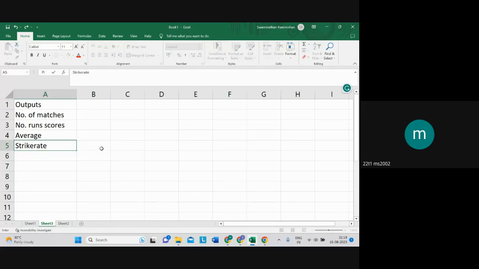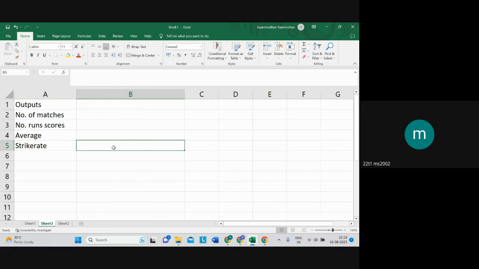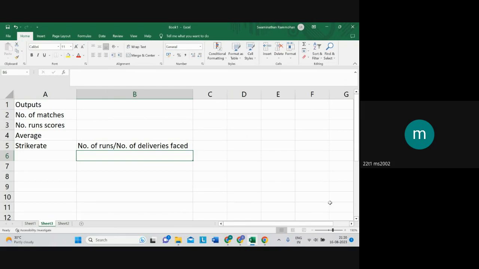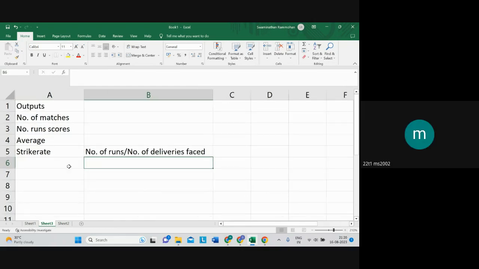Strike rate is nothing but number of runs scored divided by number of deliveries faced, right? Is it okay? Any problem with this? Number of deliveries faced means the balls.